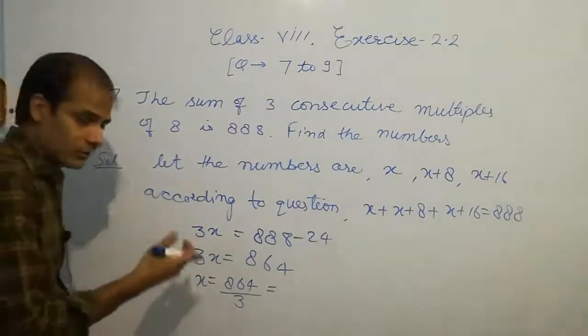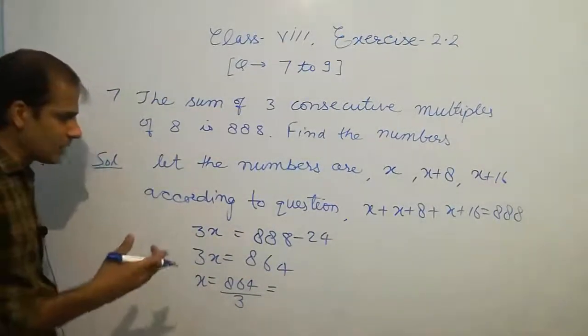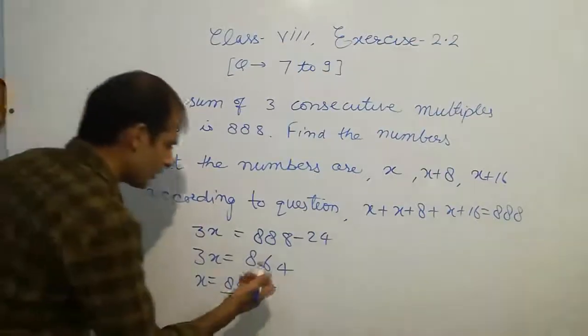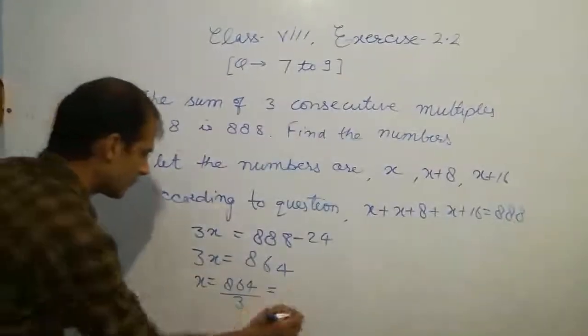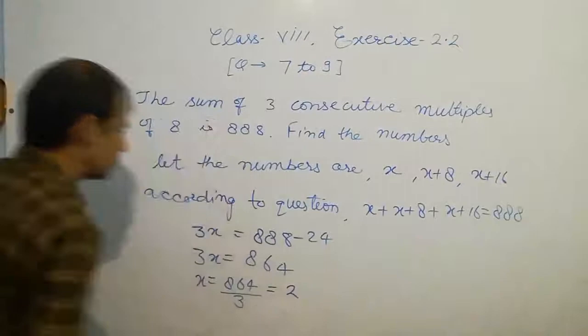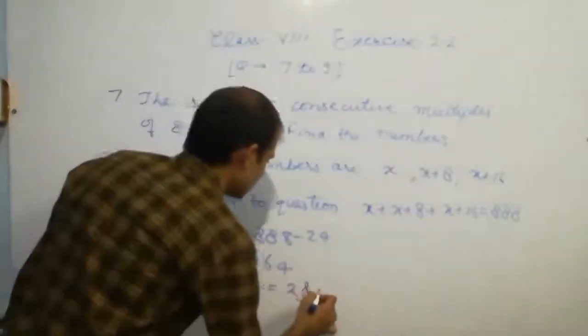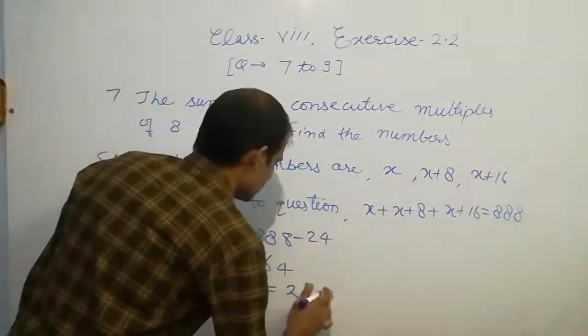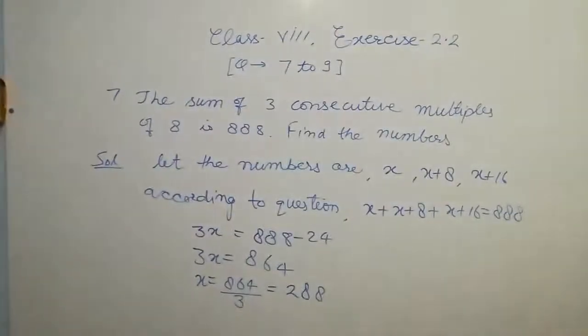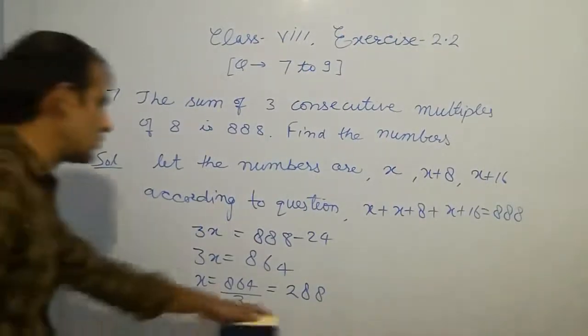If you divide 864 by 3, okay, so you can do it in a rough notebook. I am just writing the answer directly. It is 3 2 ja 6, then 2 8 6, 3 8 ja 24, and 2 and 4. Just check it. 3 8 ja 24, 2 carry. Okay, this is the quotient.